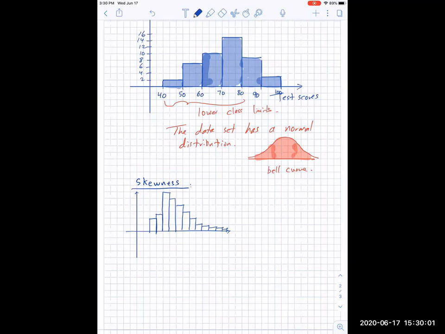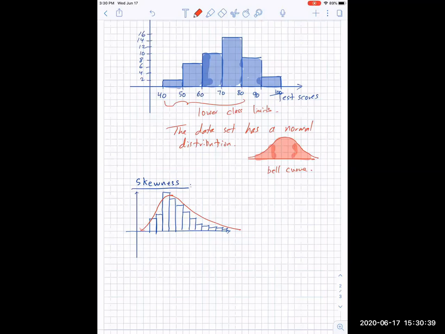So if you look at the distribution curve that represents this histogram, see how the distribution has a long right tail and it's not symmetric, right?